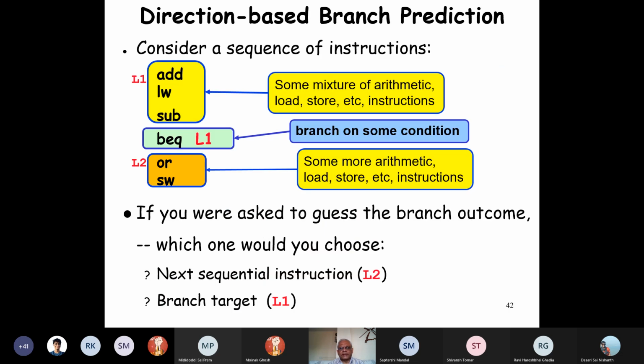Now, direction based prediction. Let's look at this code: add, load word, subtract, and branch equal. If you have to guess the outcome of the branch equal, what would you guess? Is it the next sequential instruction L2 or the branch target?